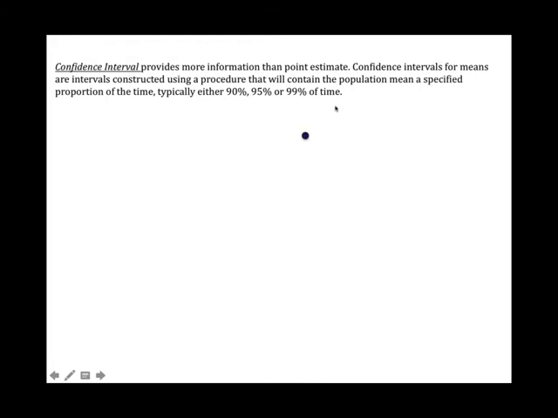If I only have one point, this is called the point estimate, a single value. Let's say I assume this is a normal distribution, and I want to work with a 90% confidence interval. The 90% is the middle part here.